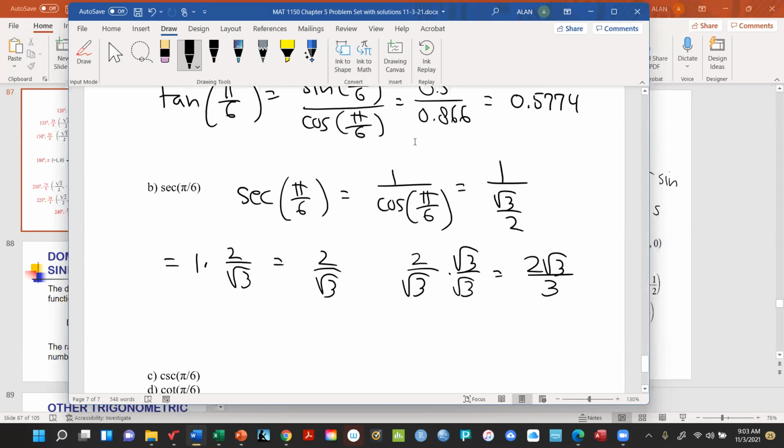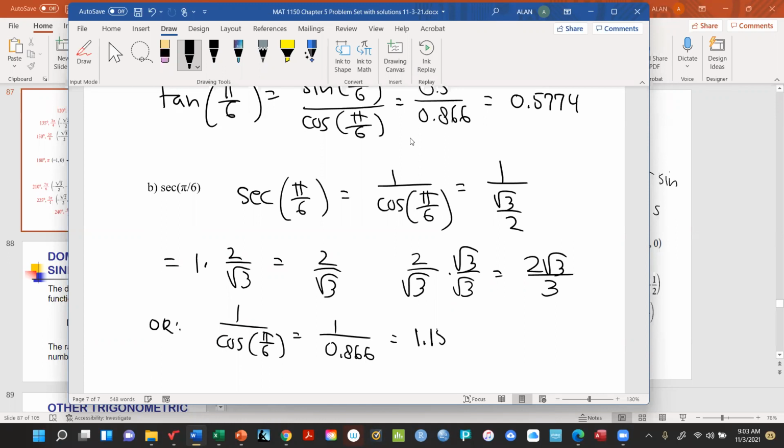Up here, we already know that cosine pi over 6 is 0.866. So if you take 1 divided by 0.866, that's about 1.1547. And if you go to your calculator and do 2 radical 3 over 3, you'll get the same thing.